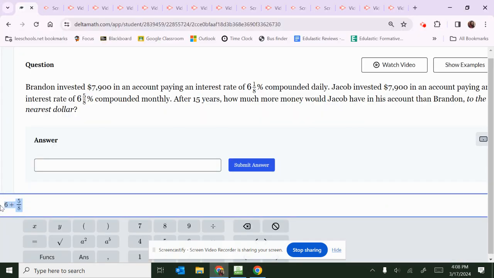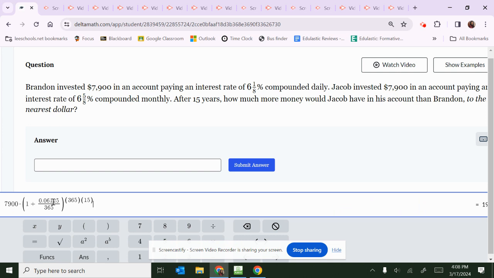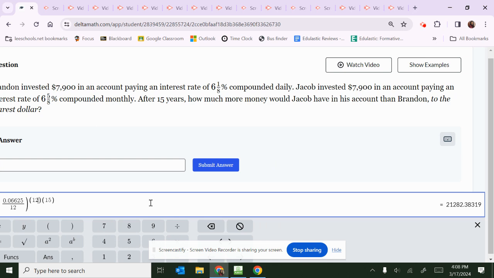So if I plug this in my calculator, 7,900 times 1 plus 0.06625 over 12, and the n would be 12 for both of these n's. Okay, and I got 21,282.38319.